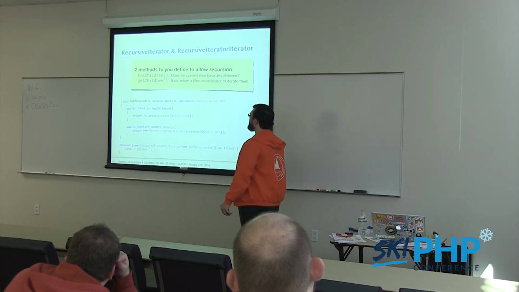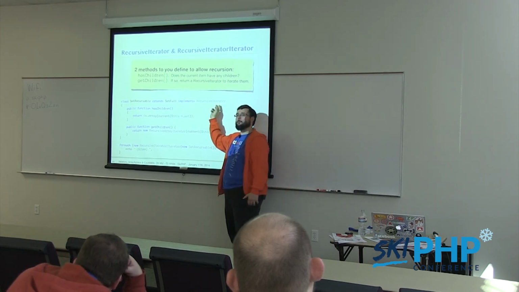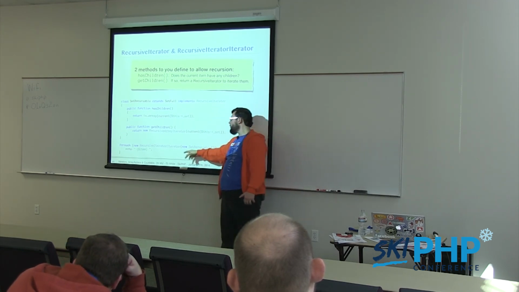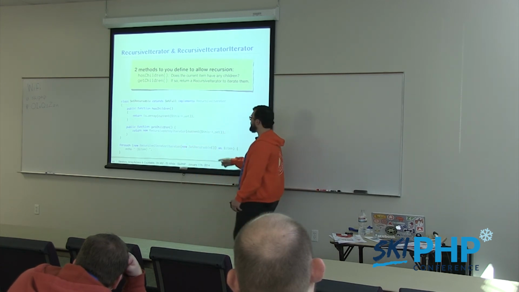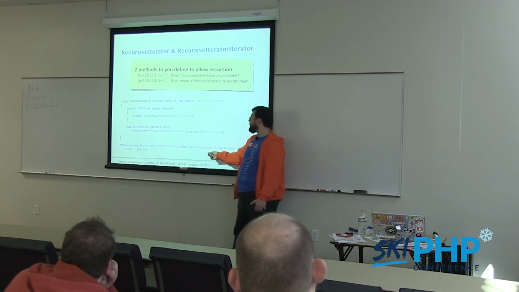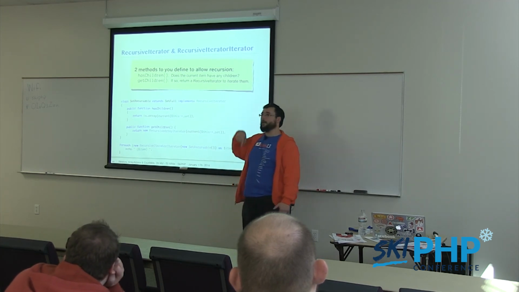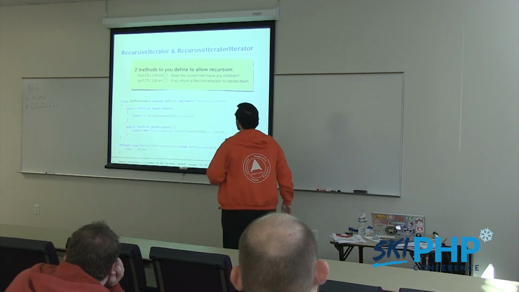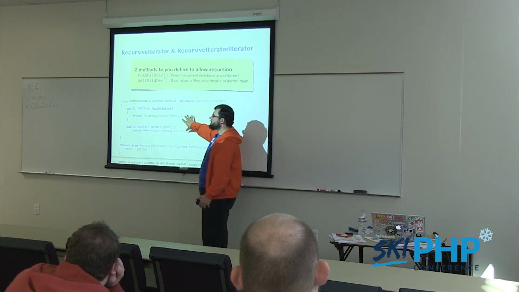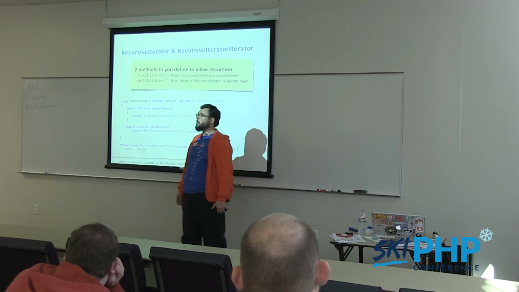And then to actually iterate over your recursive iterator, you have to use a recursive iterator. So you declare your recursive iterator, pass in your recursive iterator, which inside of it has to have an iterator. Yeah. It gets the innermost iterator. Right.